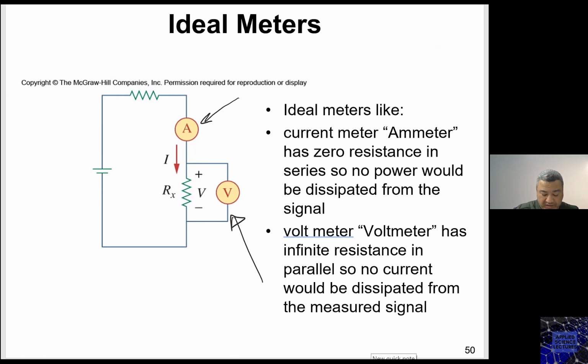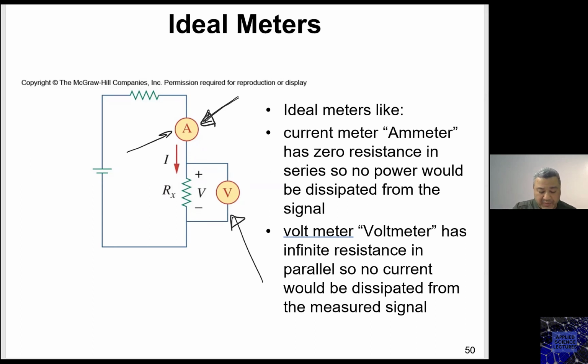Now look at this ammeter here in this case. I have to break the circuit and insert the ammeter in series. Whenever I want to measure the current, I have to break that branch and put my ammeter.